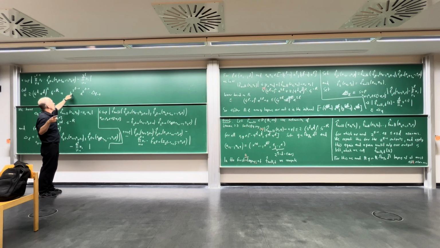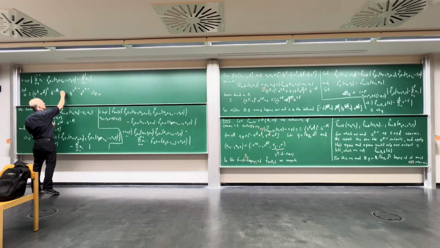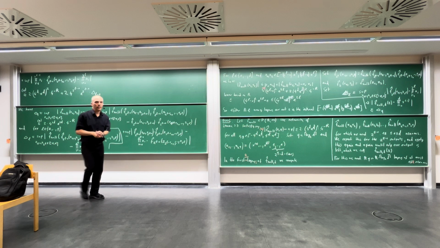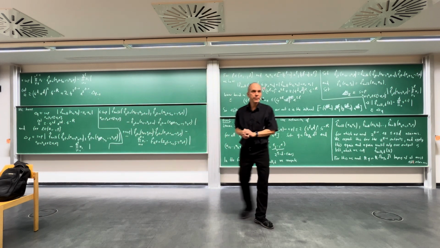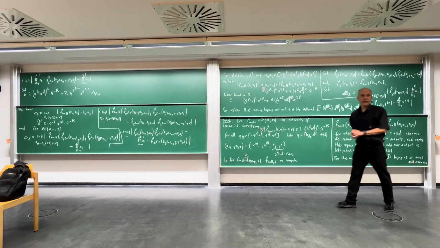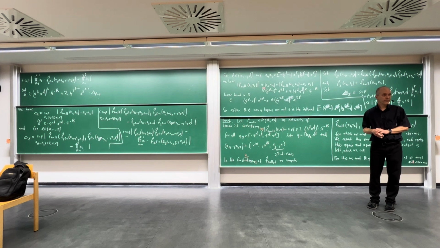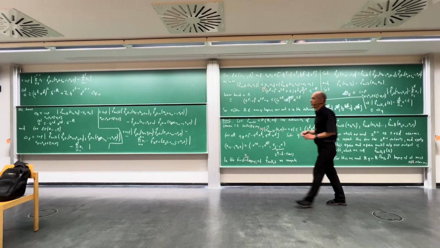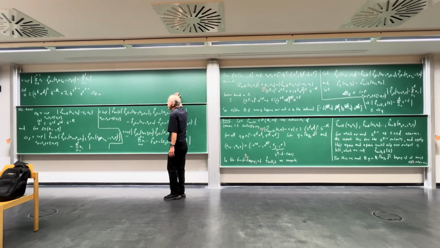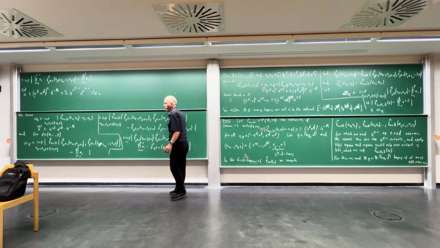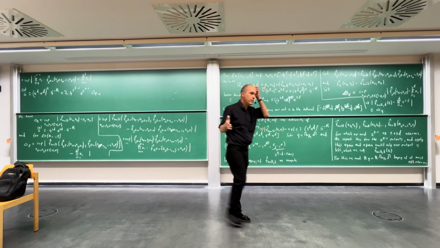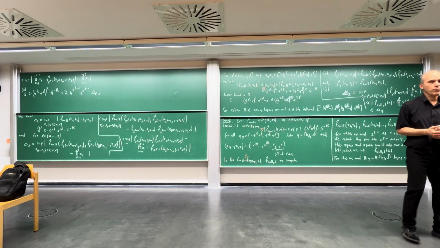So we get this part, and this 4 doesn't hurt us, so I just make it larger by having 2. So that's the point here. And now you have a recursion, and have to solve the recursion, and that's it. Any questions up to that point?